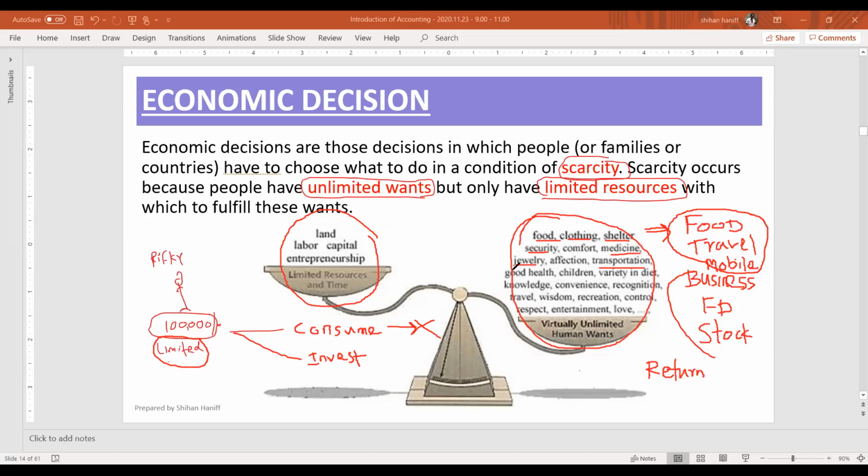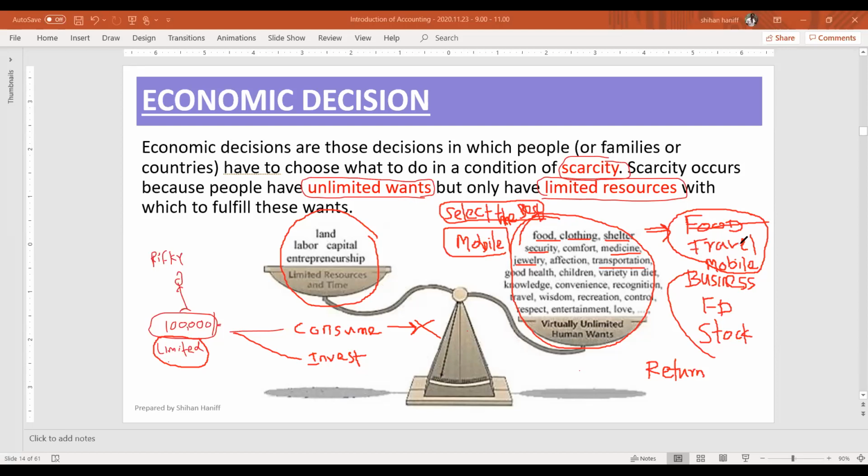Let's say this time he wants to buy a mobile phone. So he is selecting the best option available. If he chooses the best option, he needs to sacrifice all other options.